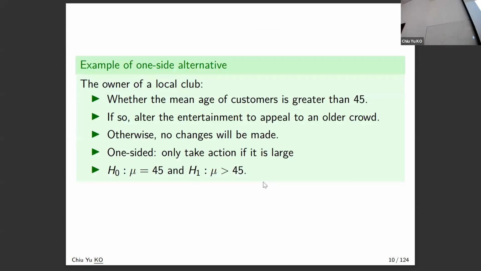Consider you are a local club owner, and now we have an aging society, right? You're thinking about whether the mean age of customers is more than 45, right? Why? Because maybe the pub has been showing K-pop songs or J-pop songs, right?